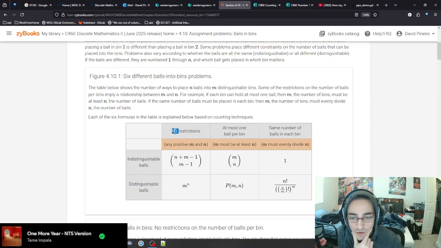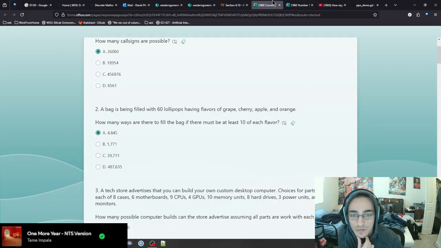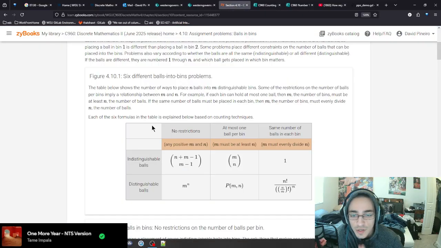Let's say there are no restrictions, and we already had the 40, so we're left with the thing I said, 20 balls in 4 bins. So the balls is n, bins is m.